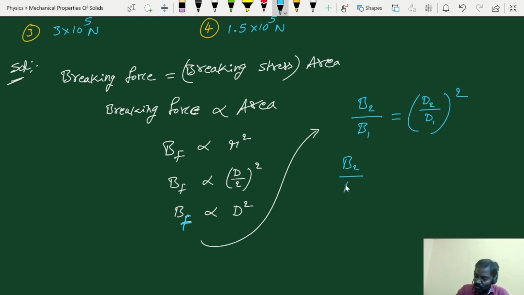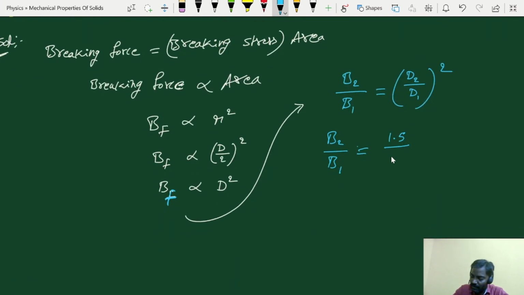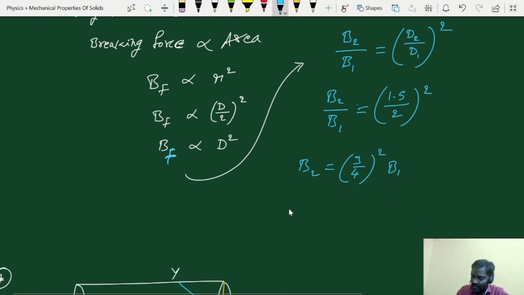New breaking force by existing breaking force is equal to d2 by d1, that is 1.5 by 2 whole square. So 1.5 by 2 is 3 by 4, whole square into original breaking force.